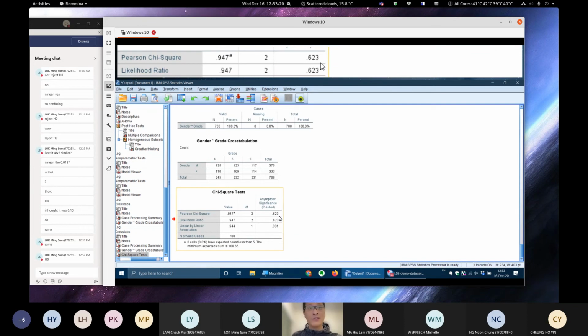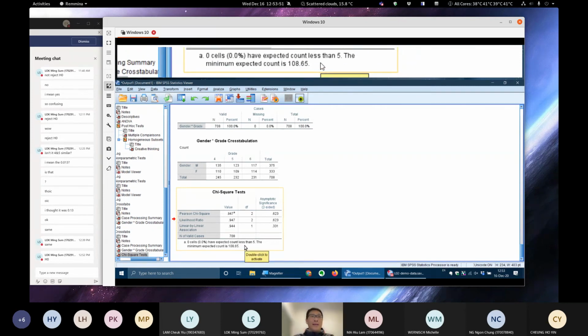There is no relationship between the grade and the gender. But of course, in other cases, in your own questionnaires, the two variables might be associated with each other. In that case, you will get a smaller p-value, and then you can conclude that there is association between the two variables.